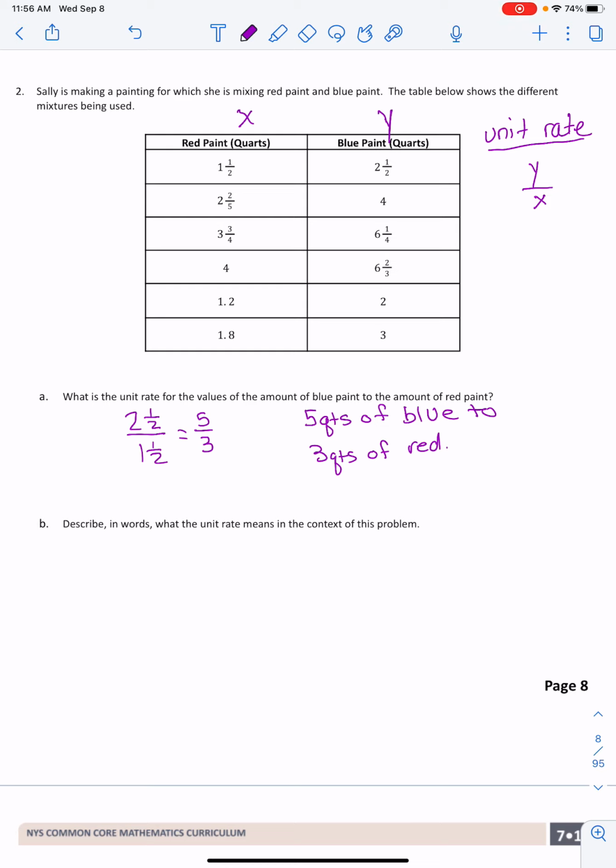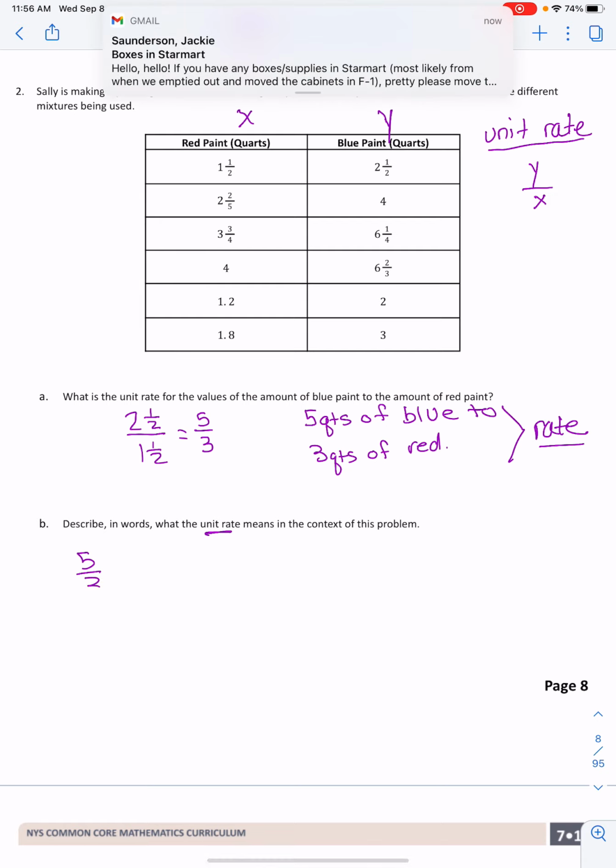It says, describe in words what the unit rate means in the context of the problem. So now, to describe this as a unit rate, this here is a rate. The unit rate, because if I divide this to change this to 1 2/3, so 5/3 would equal 1 2/3.